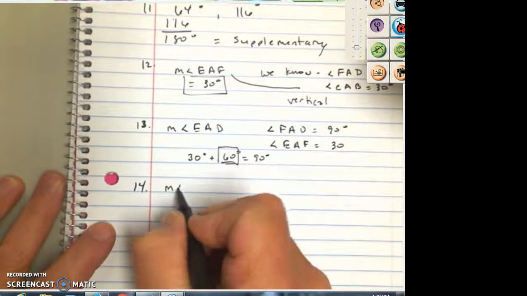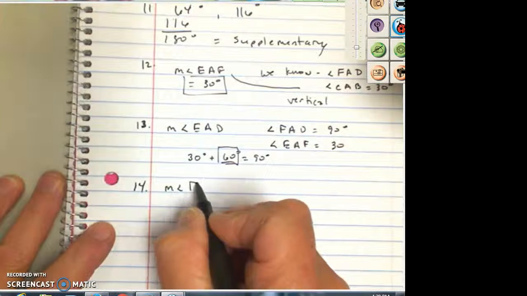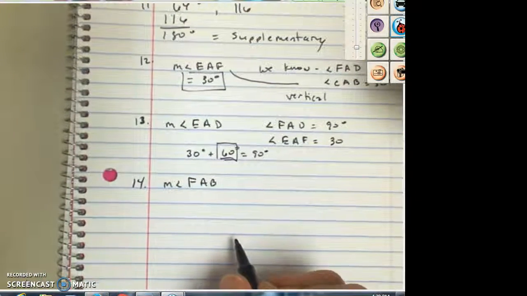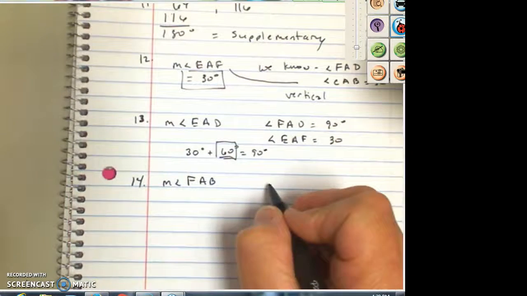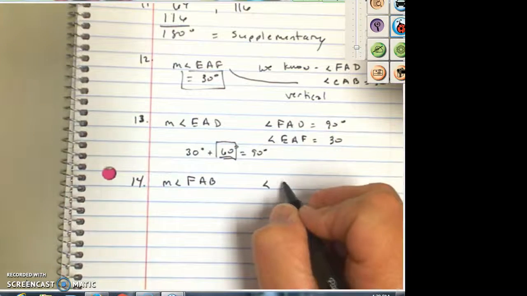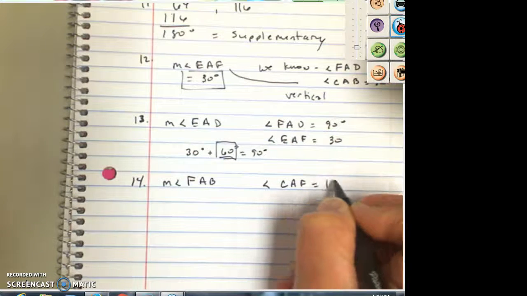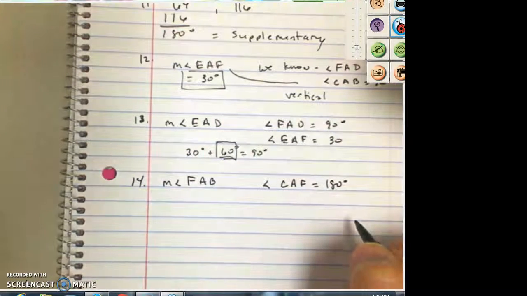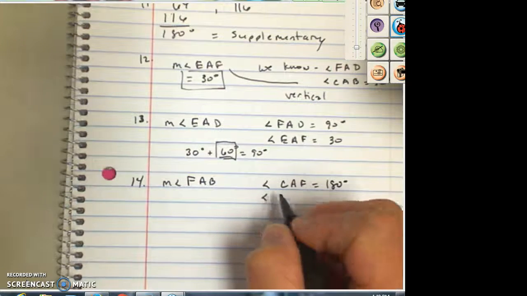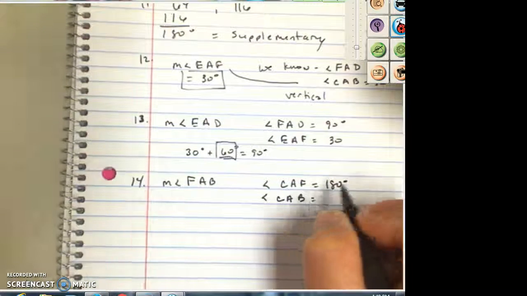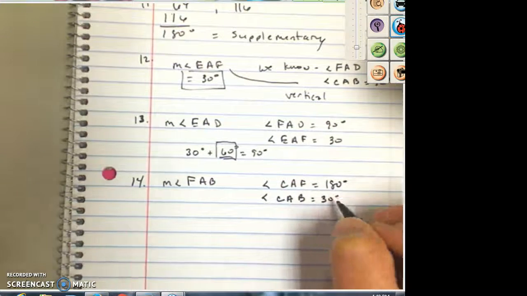Number 14, the measurement of angle FAB. Again, we know that angle CAF is equal to 180 degrees. That's a straight angle. And we know that angle CAB is equal to 30 degrees.